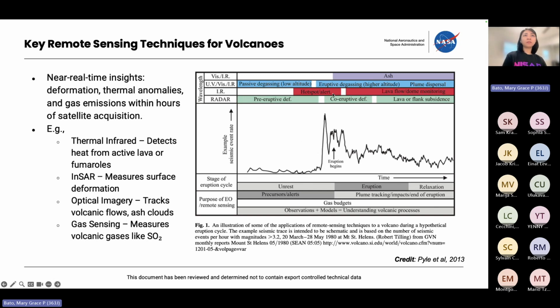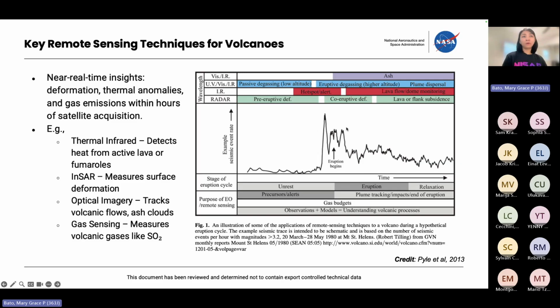And once you transition to a more unrest or co-eruptive phase, you can probably detect a hotspot from the infrared signal, and you can have an escalation of inflation in your radar data or ground-based deformation measurements.